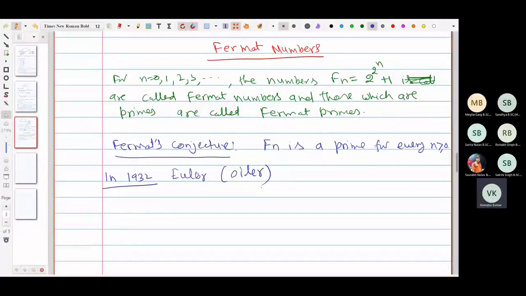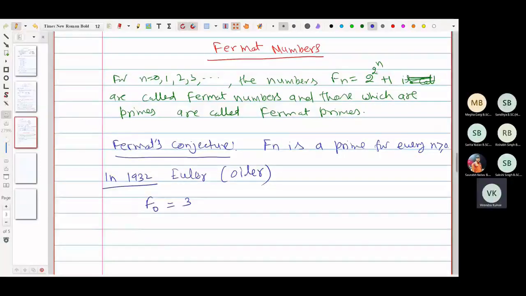In 1932, Euler investigated this number very deeply, and if n equals 0, we get 3. So n equals 0, the power becomes 0, then this is 1, and 2 plus 1 is 3.